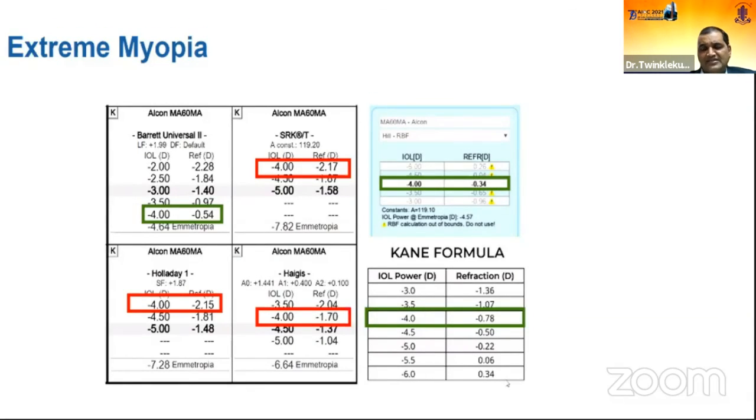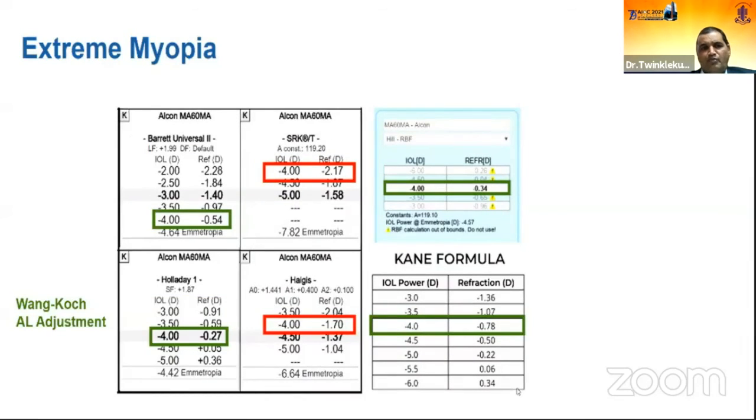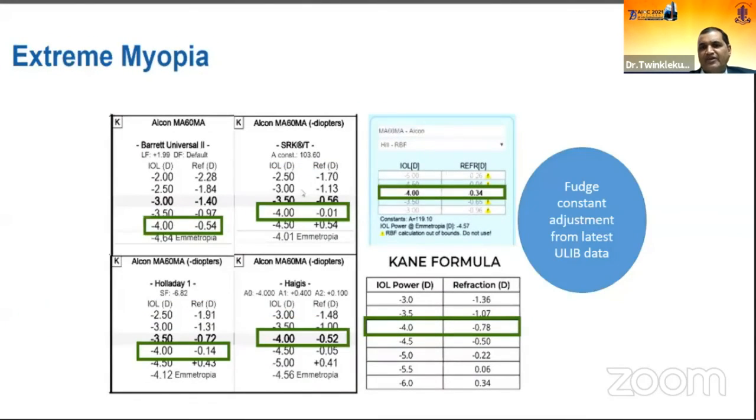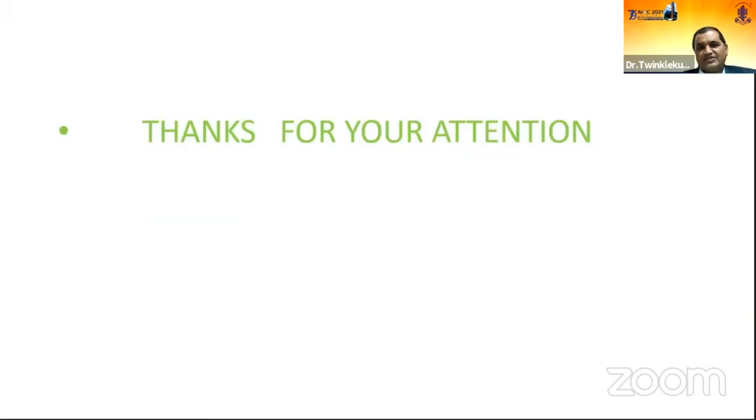But considering the long eye, when you go for the Wang-Koch adjustment, with the first constant adjustment from the latest ULIB data, the newer ULIB for high myopia, that gives nearly the same results even for the third generation formulas. I think this extreme high myopia will be taken care of by Dr. Sonu. Thanks for your attention.